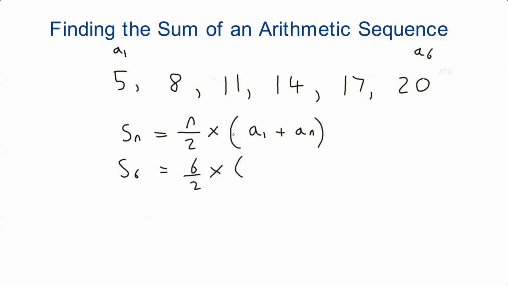And if you look at it, it's going to be the average of the first and the last. So what we've got there is 5 plus 20. Right, 20 plus 5, 25. 6 over 2 is 3. 3 25s equal 75.